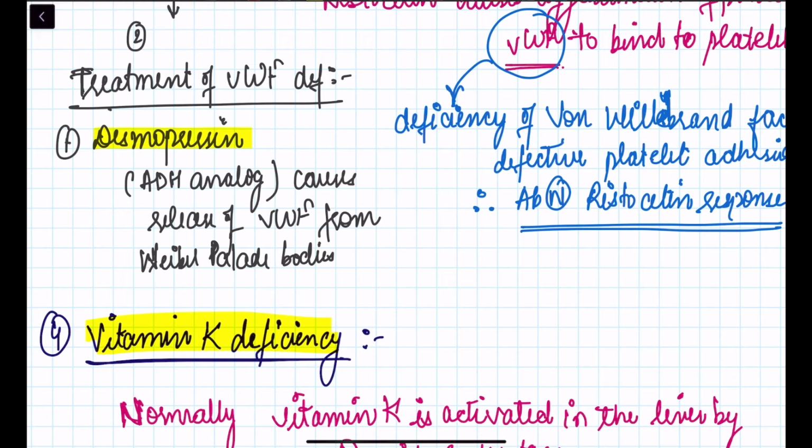It's not actually for Weibel-Palade bodies, but it's just a mnemonic. The other thing the Weibel-Palade bodies secrete is P-selectin, which is involved in inflammation and the white blood cell slowing down pathway.